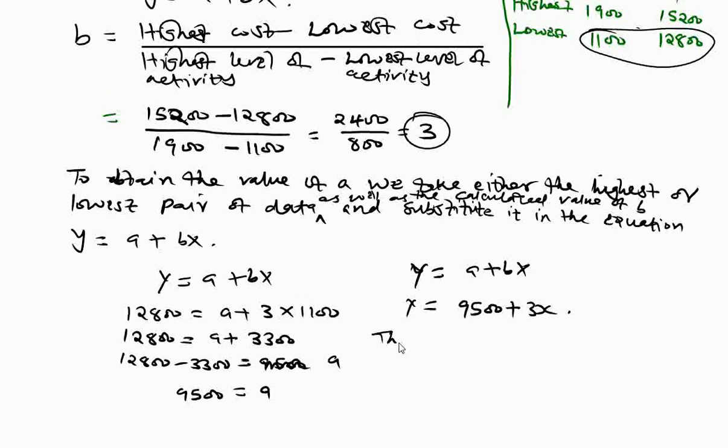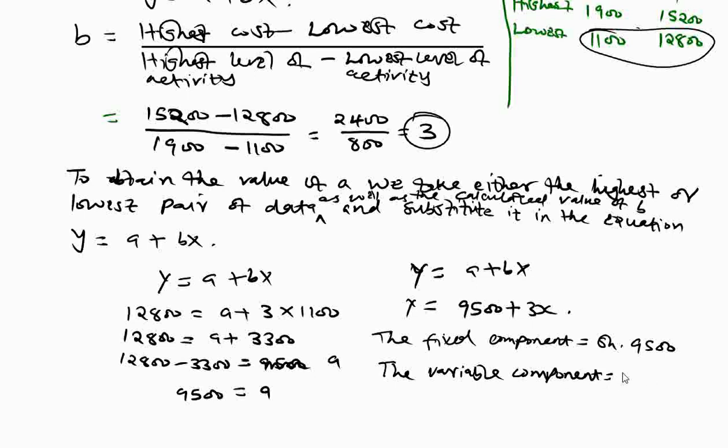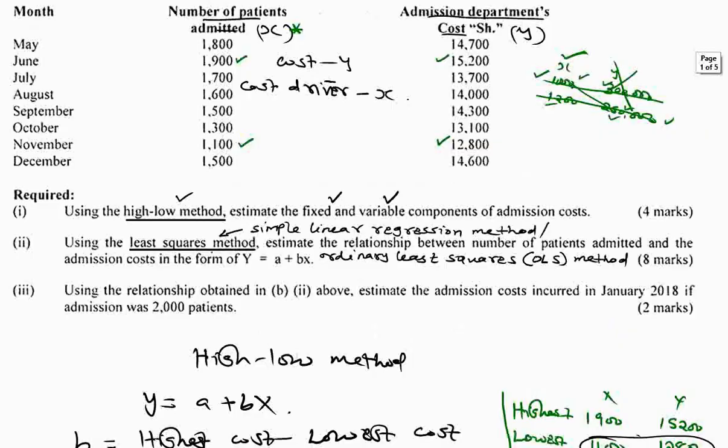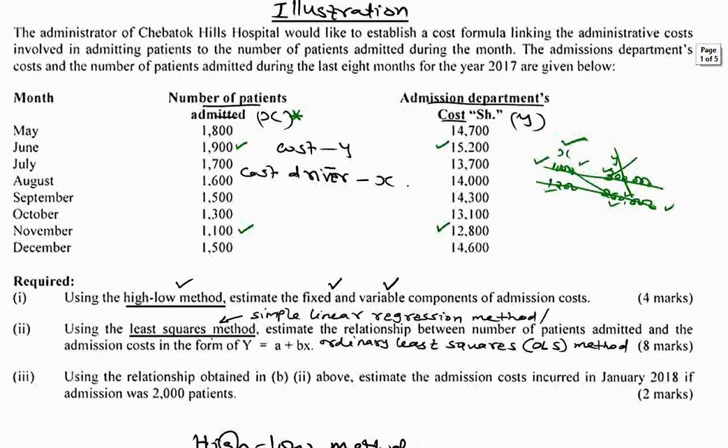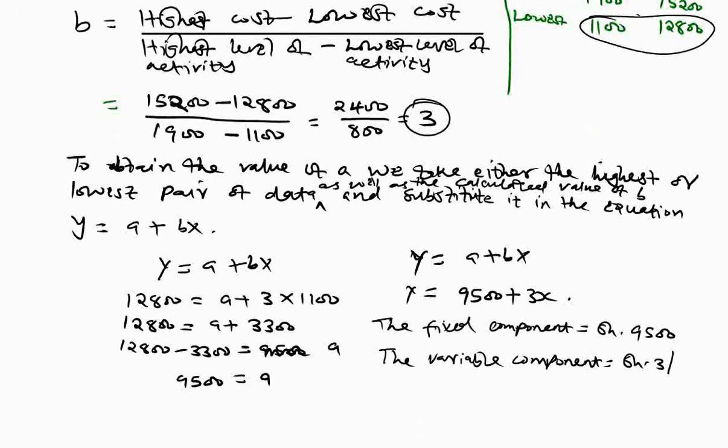The fixed component is the value of a, so the fixed cost is shillings 9,500, while the variable component of cost, that is the variable cost per unit, is shillings 3 per, now it is not a unit but rather they are admitting patients, per patient admitted.